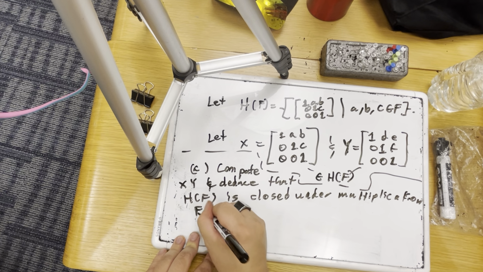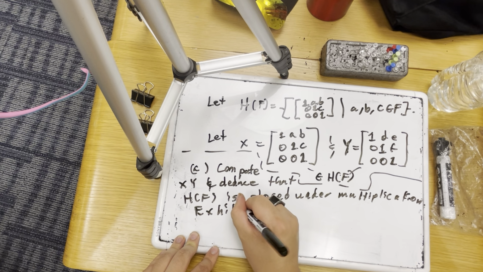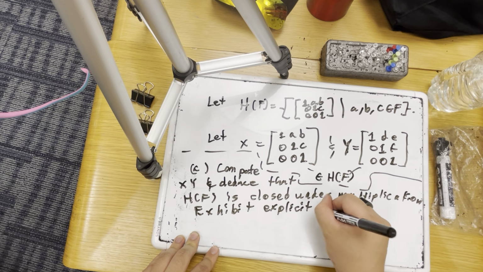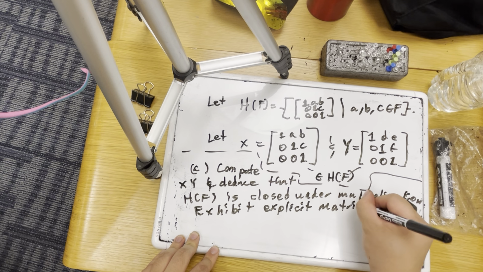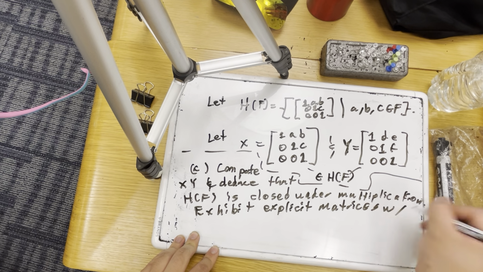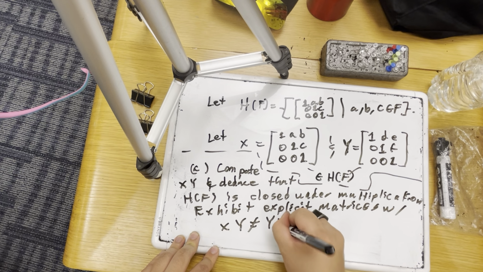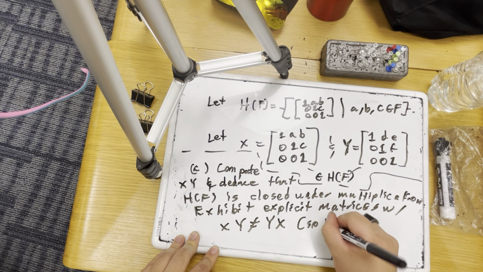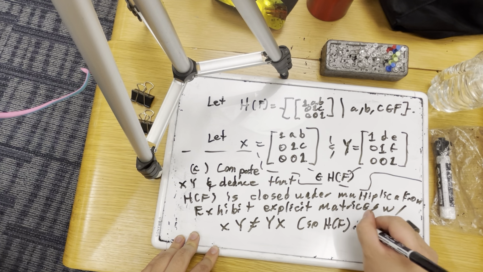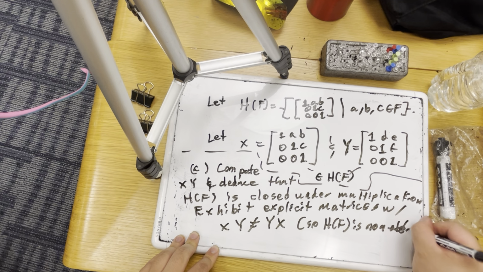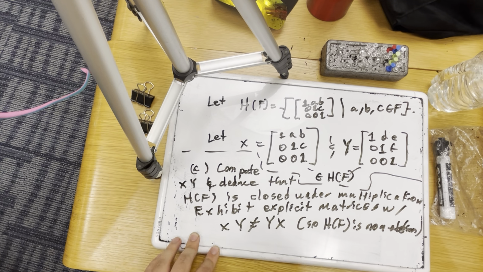Exhibit explicit matrices with x, y not equal to yx, so H of F is non-abelian. That's part A. Looks like a C, but that should be an A.